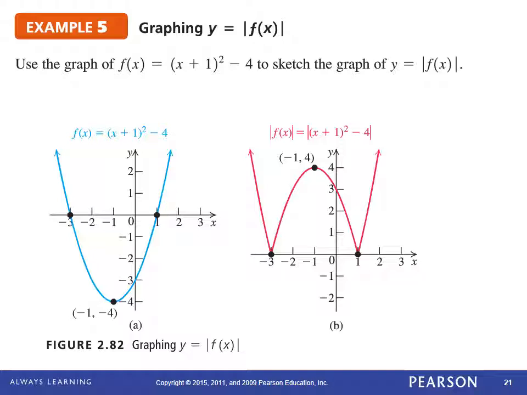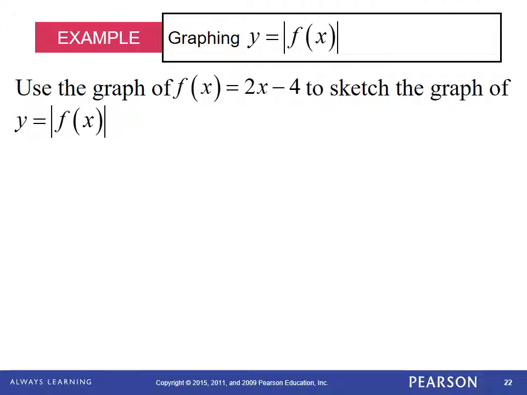So let's go for it here. Let's do one simple one for us. You got 2x minus 4. Can you sketch that graph first? And after sketching the graph, can you take the absolute value of the graph?